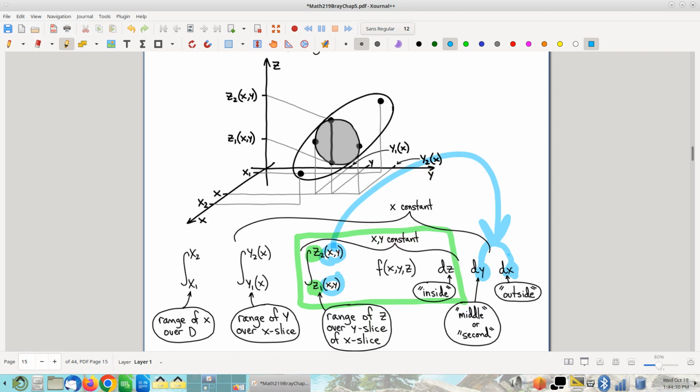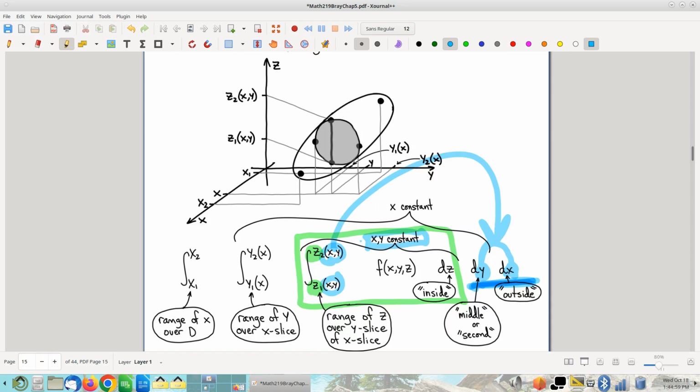The whole idea is I want to know how these z bounds depend on those values of x and y. Furthermore, keep in mind that while we are doing this inside integral, those outside variables are treated as constants. So all very reminiscent of double integrals, with analogous observations and interpretations.